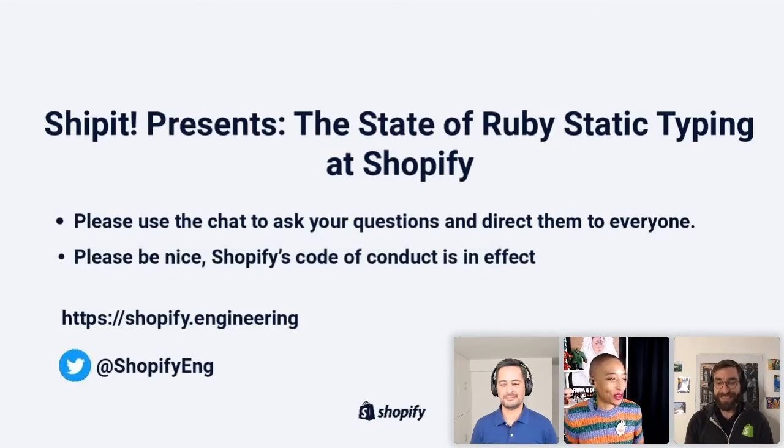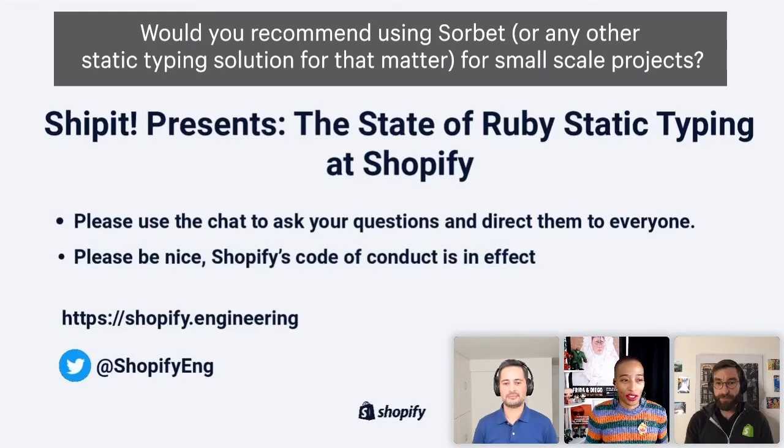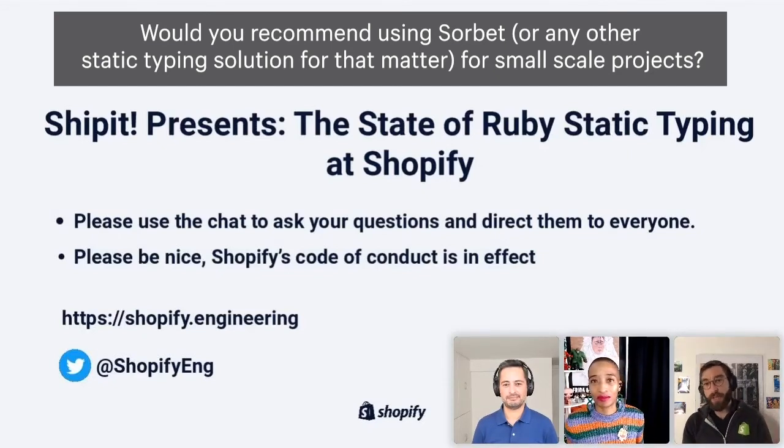Okay, our next question is, would you recommend Sorbet or any other static typing solution for that matter for small scale projects? Yes, definitely. We actually ran the experiments on smaller scopes to see whether it has an impact. You have less impact than on really big code bases because you know the code base better.